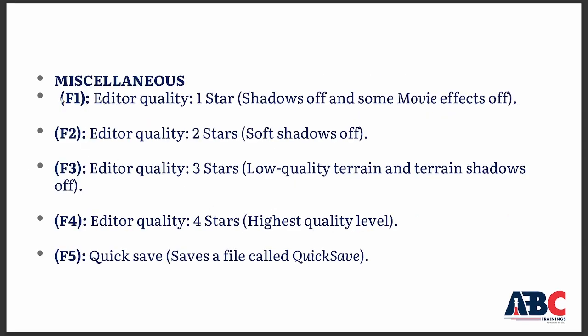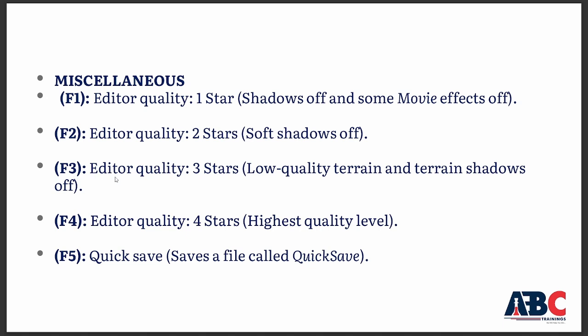Here are the shortcut keys for your Lumion library. F1 for editor quality, one star, shadow off and some movie effects of the project. F2 key for editor quality, two star, soft shadow off.